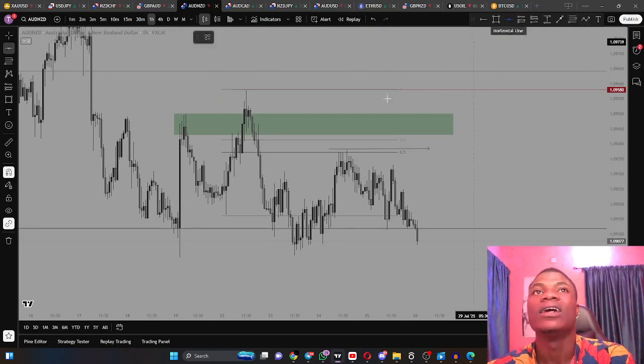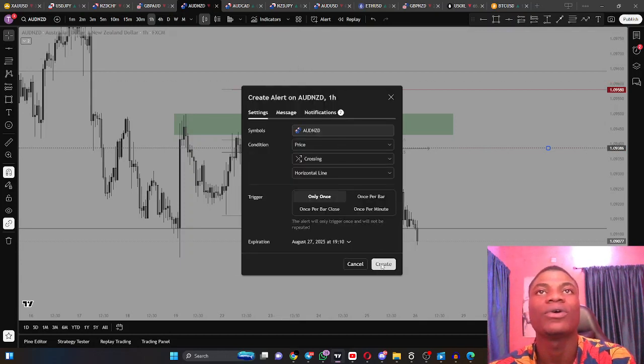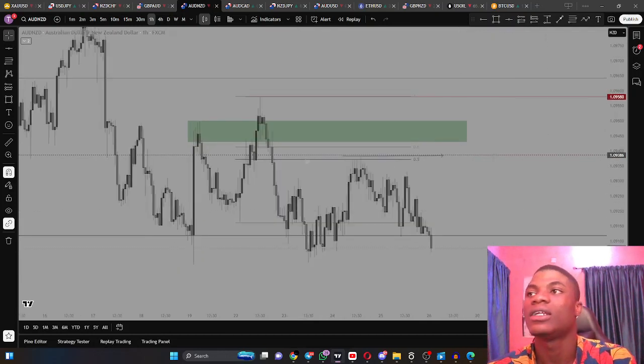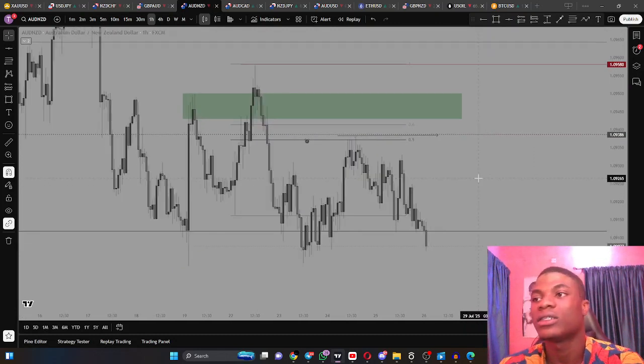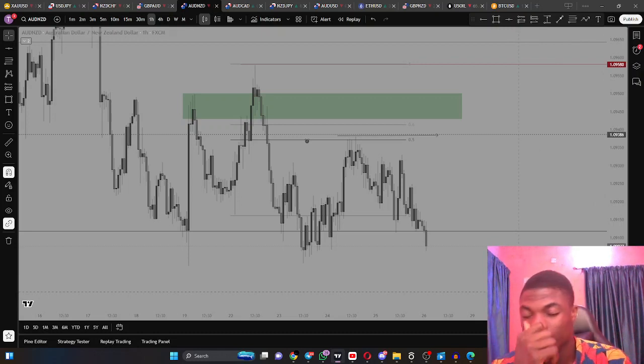I'm going to set an alarm and move to other pairs to watch out for. This is my first analysis for the week, and I'm analyzing this at 8:10 p.m. Nigeria time, 27th July 2025.